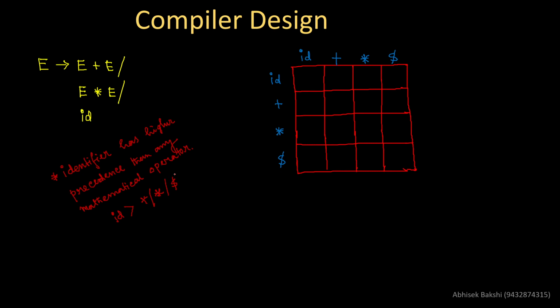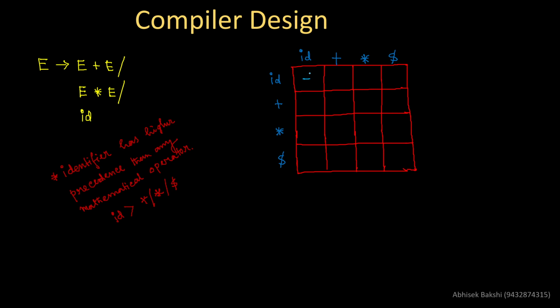As simple as that. Now if I just try to write which is higher than which one, obviously ID to ID is not possible, because two identifiers cannot be side by side. Between two identifiers, you must have a plus or star, or any other operator.